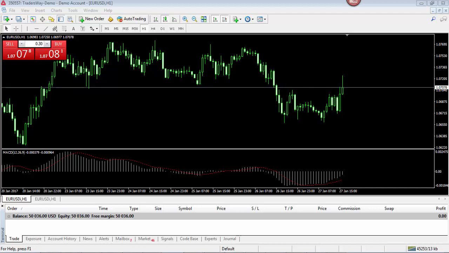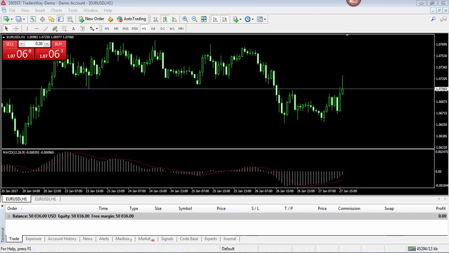Over the years, technicians have developed literally thousands of indicators, so it's obviously impossible to follow them all. By weight of the evidence, I mean 4 or 5 indicators that the user feels comfortable with. For me personally, I just simply use one. And I also use my resistance and support lines.